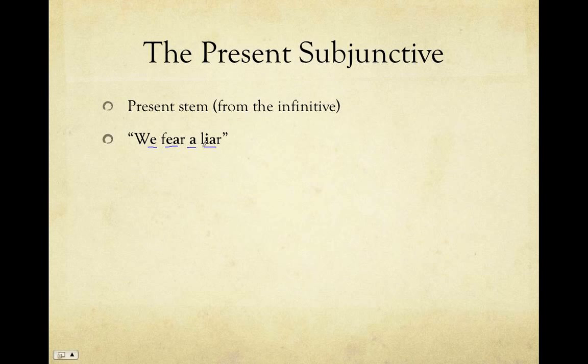Hence the we fear a liar mnemonic device. Once you have the present stem with that vowel mutation, you just add your personal endings that you've already memorized: m, s, t, mus, tis, nt. So let's take a look at a couple of these.